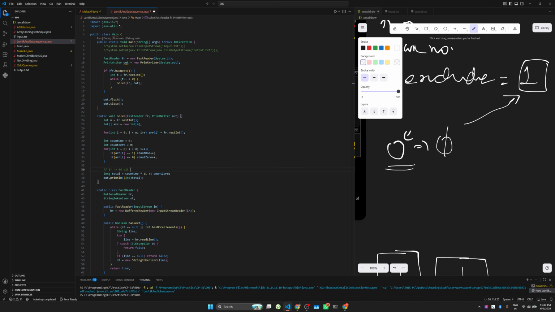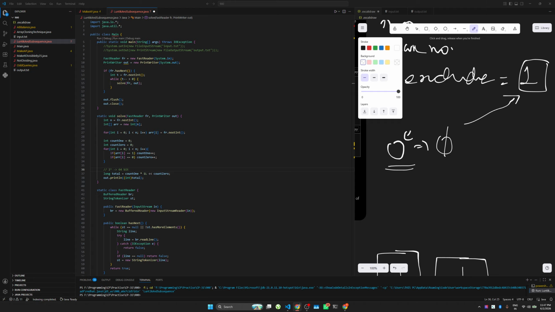Let me search real quick. I don't want to give wrong information. Double is 128 bits. No, a double is also 64 bits. Then what is the difference?